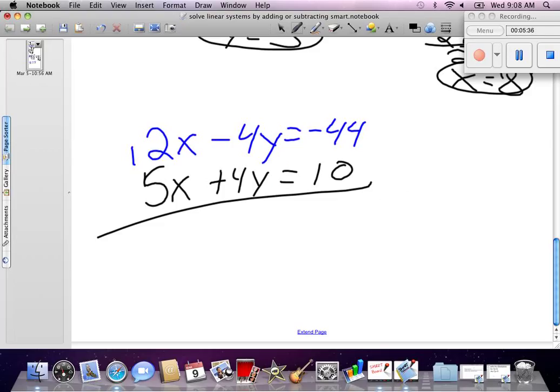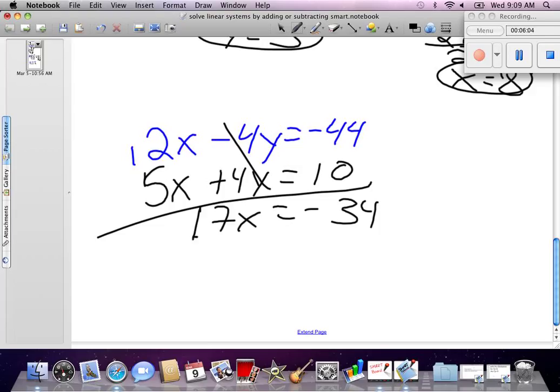And which one would that be if they did? The y's would cancel. So, Justin, what is negative 44 plus 10? Negative what? Thank you. And as Erica told us, the y's canceled. And Justin, what is 12x plus 5x? Plus 17x. Thank you.